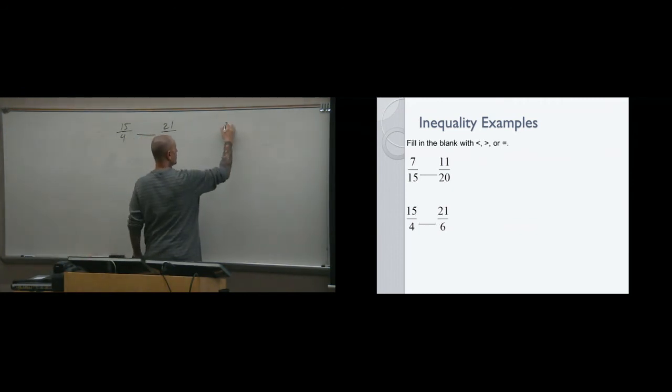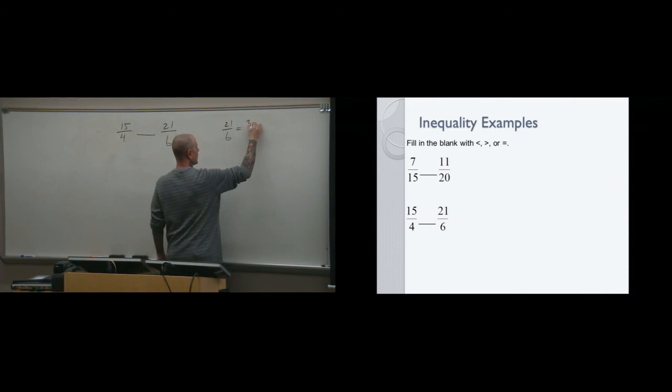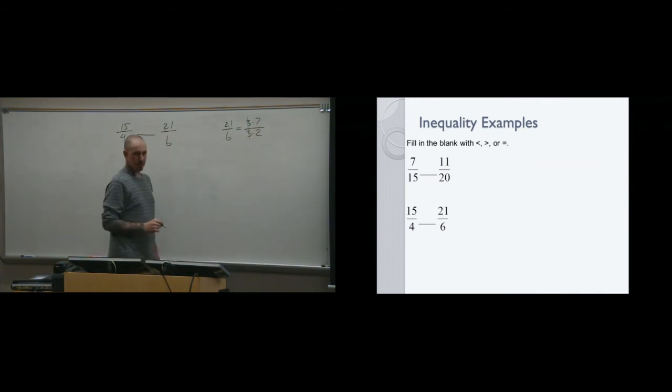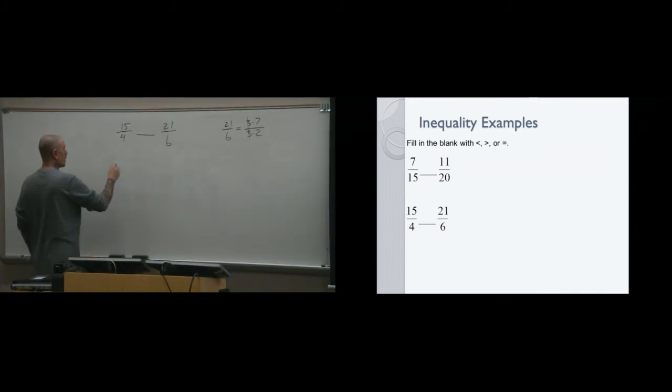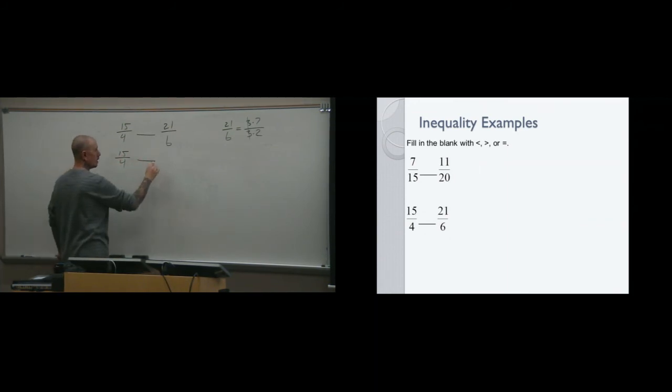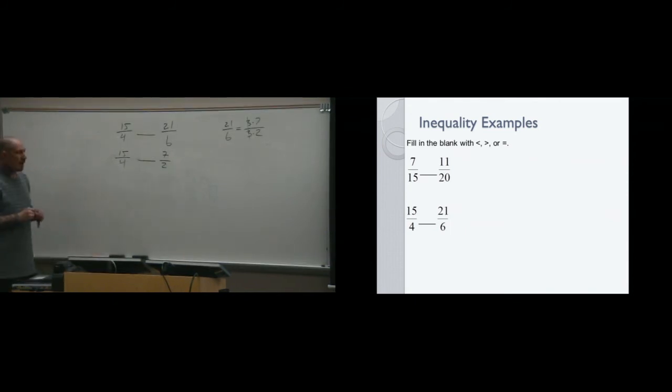So 21 over 6 is 3 times 7 over 3 times 2, right? So I can cancel out those common 3's. So really what I want to compare is 15 over 4. There's no common factors there, so I can't reduce that one. And 7 over 2.